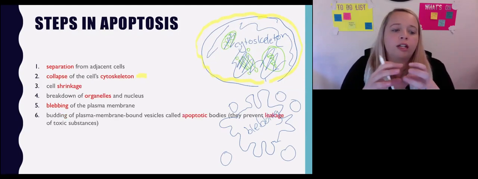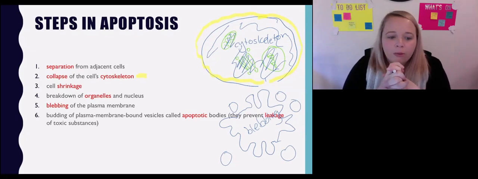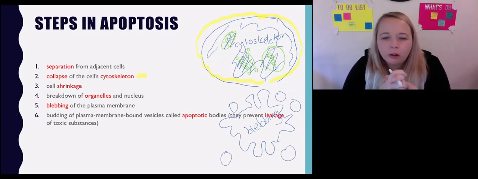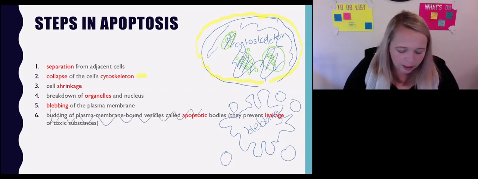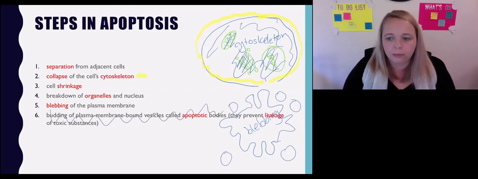Now, sometimes you can call these membrane-bound vesicles apoptotic bodies. You don't need to call them apoptotic bodies. It's okay if you kind of ignore this point. Now, you can just talk about the blebbing.